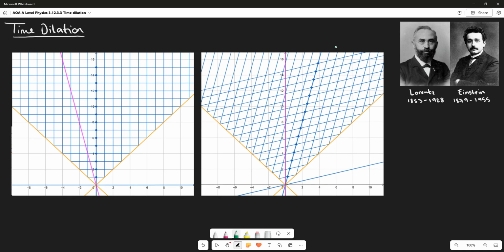Time dilation is a consequence of the Lorentz transformation. If we look on this graph at the blue observer, noting that the pink is travelling slightly faster, then when the Lorentz transformation occurs to make pink the observer, the blue line has been stretched in the y direction.